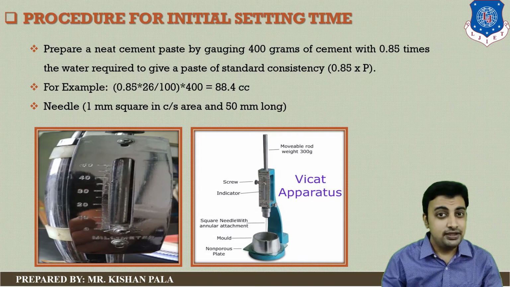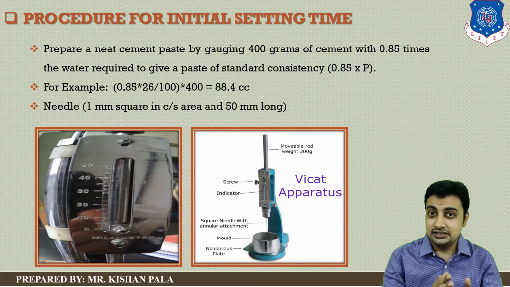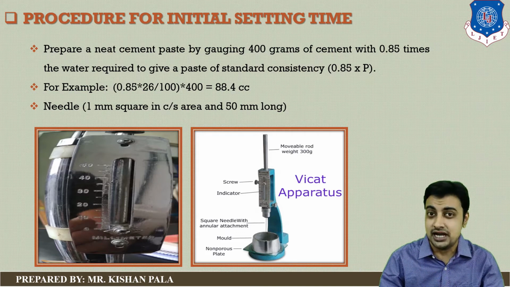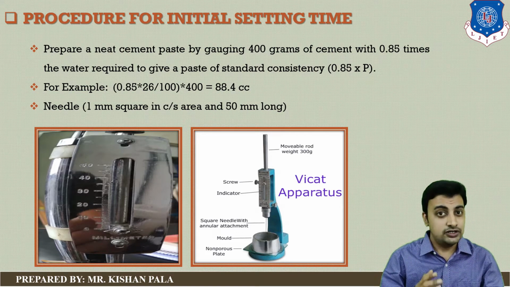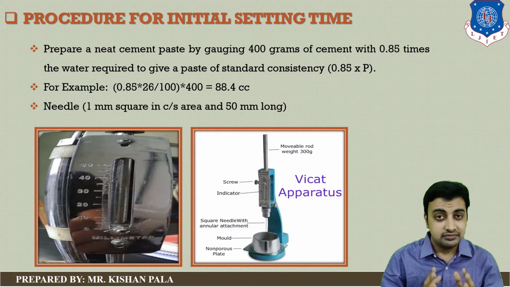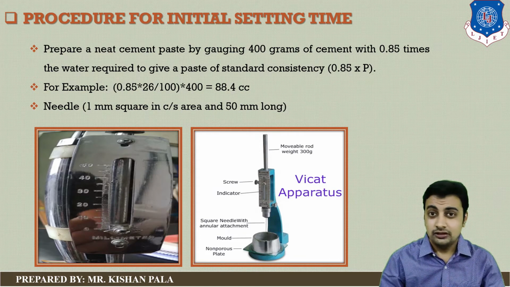After that we can find the initial and final setting time and other tests like soundness and compressive strength. So first we find the consistency of the cement, then we can calculate the quantity of water from the consistency of the cement mass.